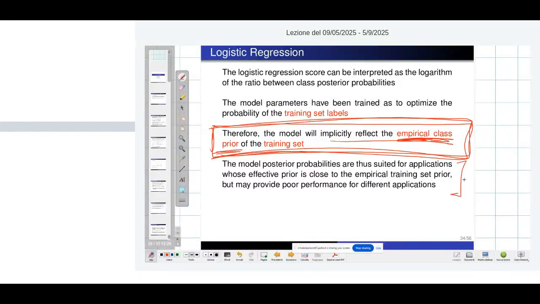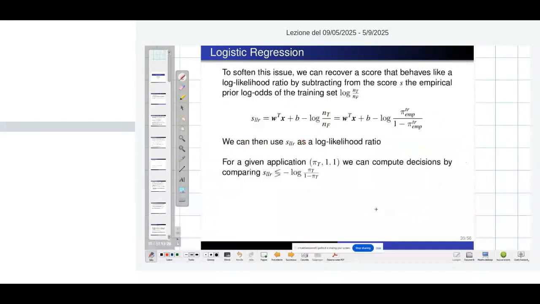And the posteriors will therefore be optimal, will be good for applications which have the same application prior. So for our posterior to be good, we need the application prior to be equal to the empirical prior of the training set. Let's call it like this.